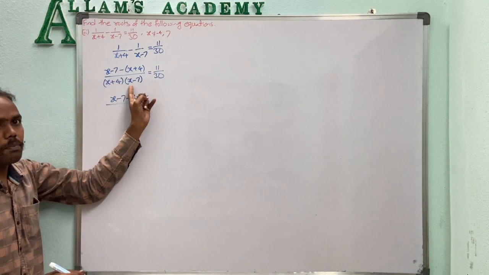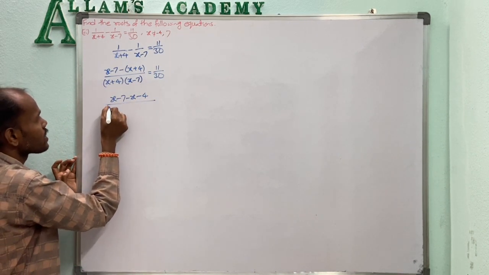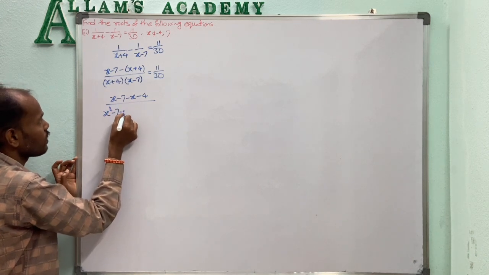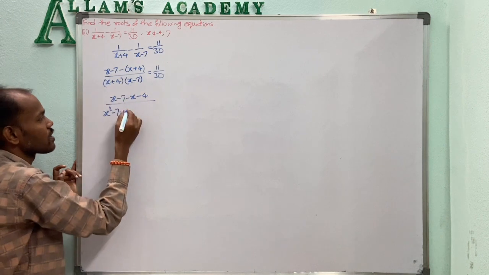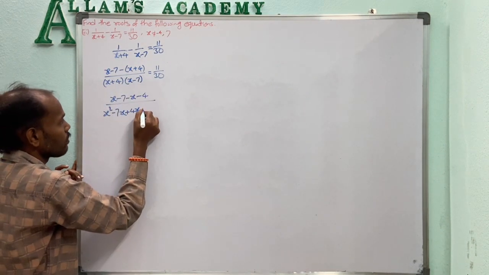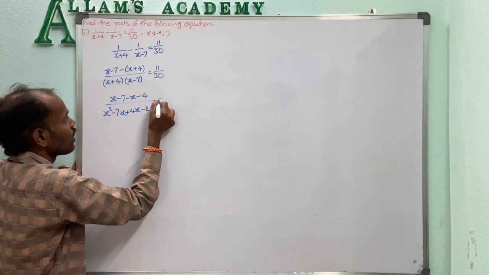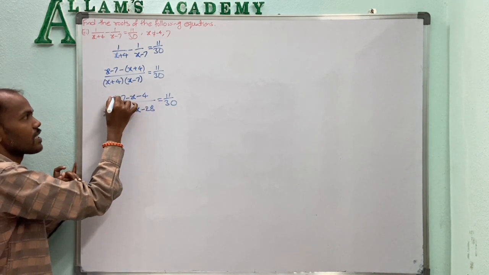So x is multiplying with x minus 7: x into x is x square, plus x into minus 7 is minus 7x, plus 4 into x minus 7, 4 into x is plus 4x, plus 4 into minus 7 is nothing but minus 28, equal to 11 by 30.